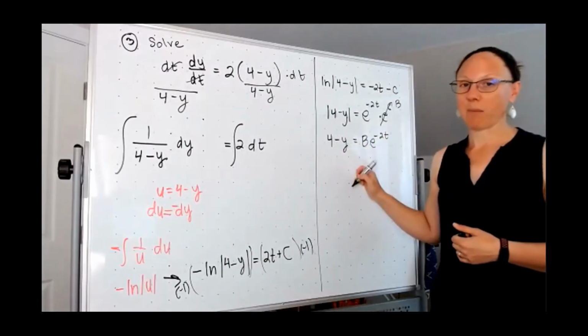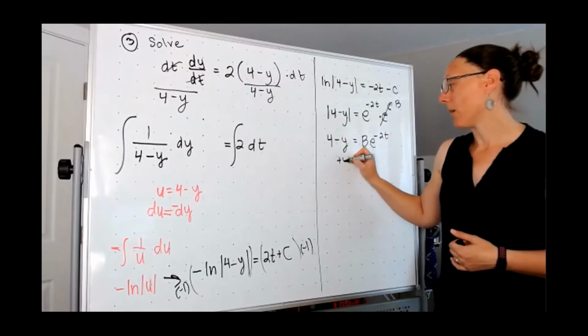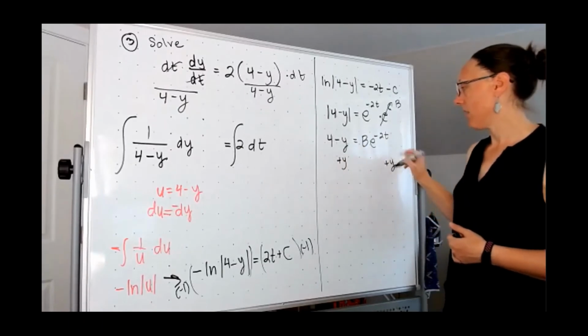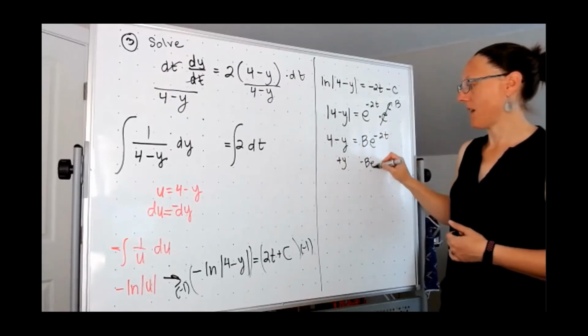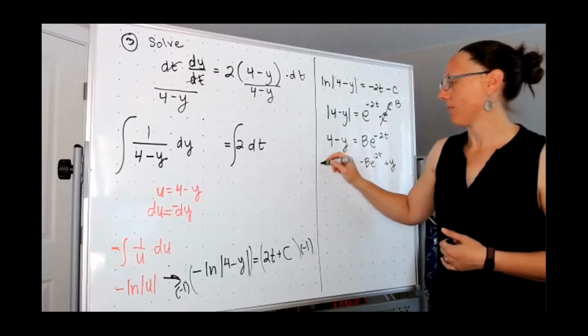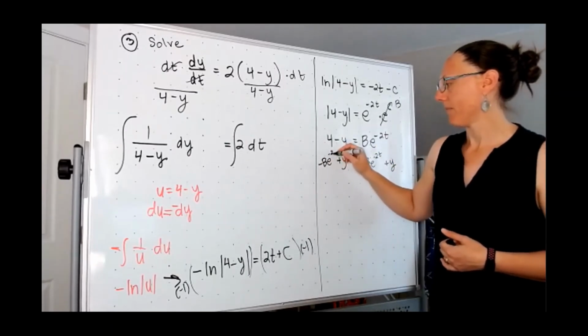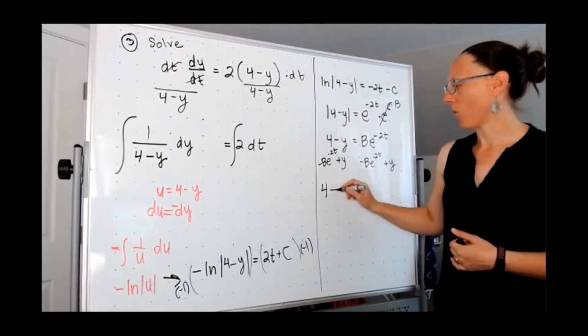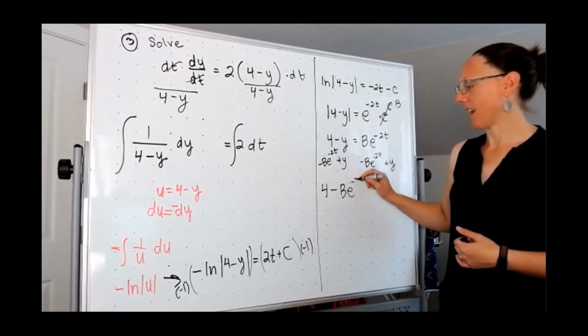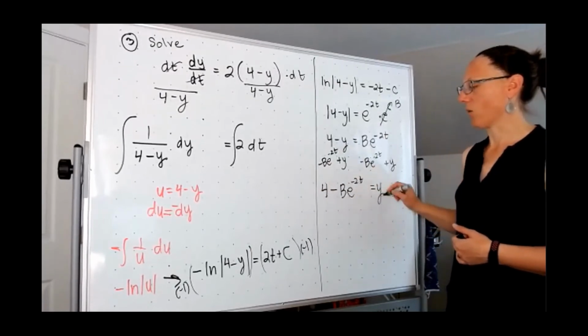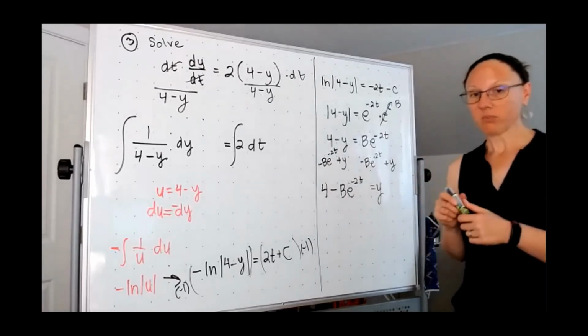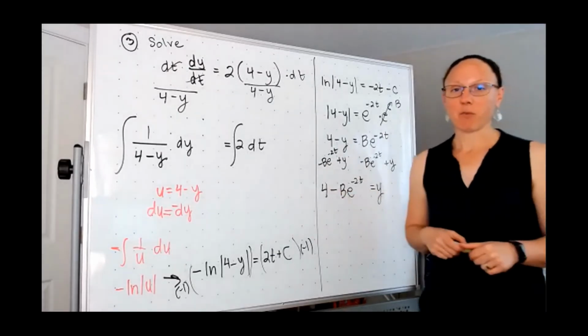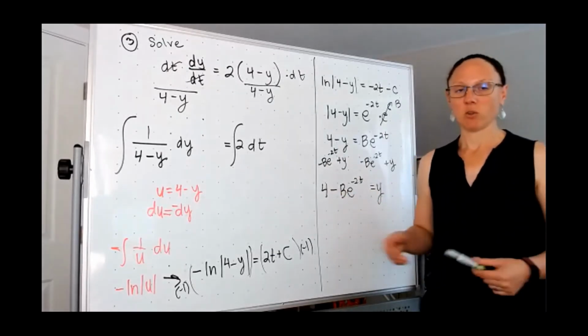So if I want to get the y by itself, I can add y to both sides and subtract b e to the negative 2t. So I'll end up with 4 minus b e to the negative 2t is equal to y, which would be enough if we were finding the general solution.